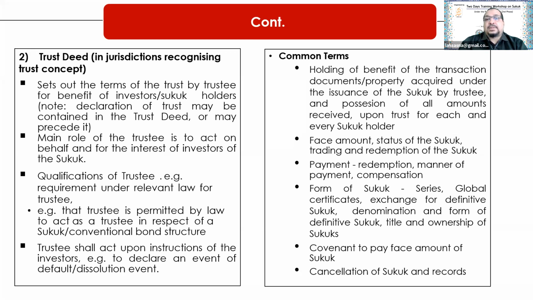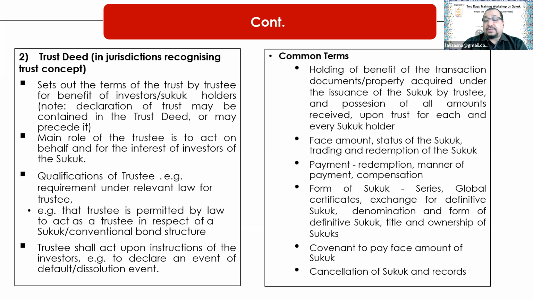Now, what are the common terms of the trust deed? We have holding of a benefit of the transactions, documents, property acquired under the issuance of the Sukuk by the trustee, and possessions of the amount received upon trust for each and every Sukuk holder. Again, face amount, the status of the Sukuk, trading and redemptions, payments, redemption, and manner of payment, and representations.